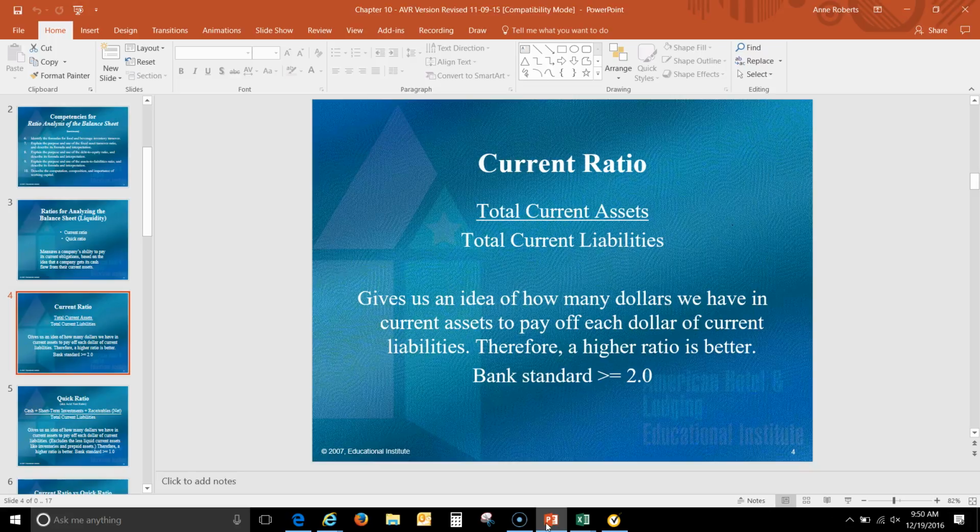The other thing you might want to make a note of is what's the lowest that this ratio can go? Zero, right? The absolute lowest is 0, because we may have 0 current assets to pay off however much in current liabilities.